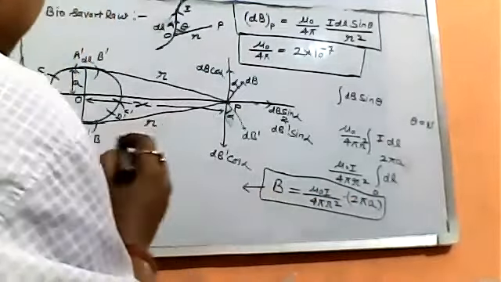The formula has mu naught upon 4 pi, similar to 1 by 4 pi epsilon naught, which is the constant in the electric field. Mu naught upon 4 pi is the constant in the magnetic field. In the denominator, the formula is (A square plus X square) power 3 by 2, and in the numerator it is IA.